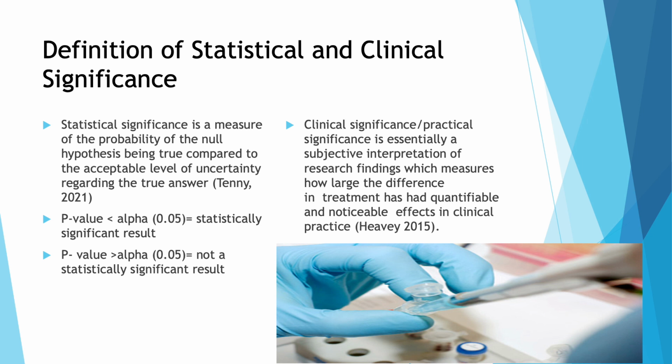On the other hand, clinical significance, also known as practical significance, is essentially a subjective interpretation of research findings which measures how large the difference in treatment has had quantifiable and noticeable effects in clinical practice.